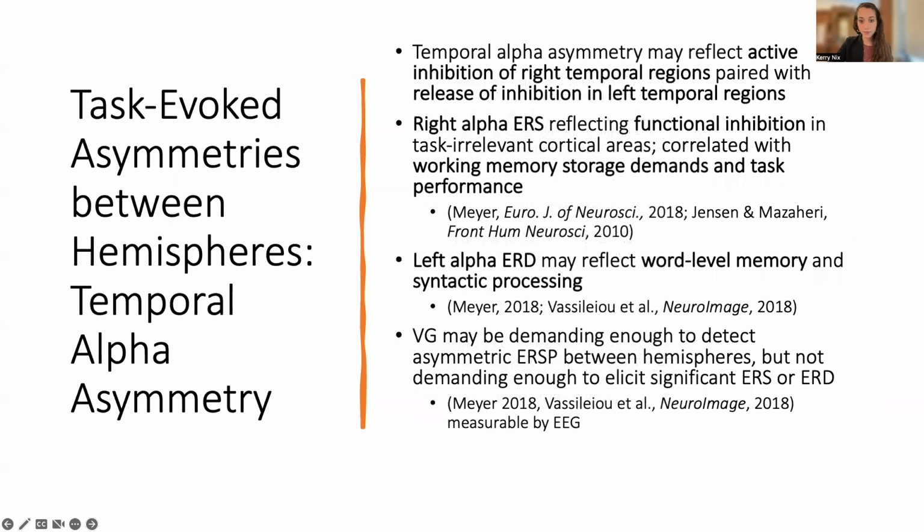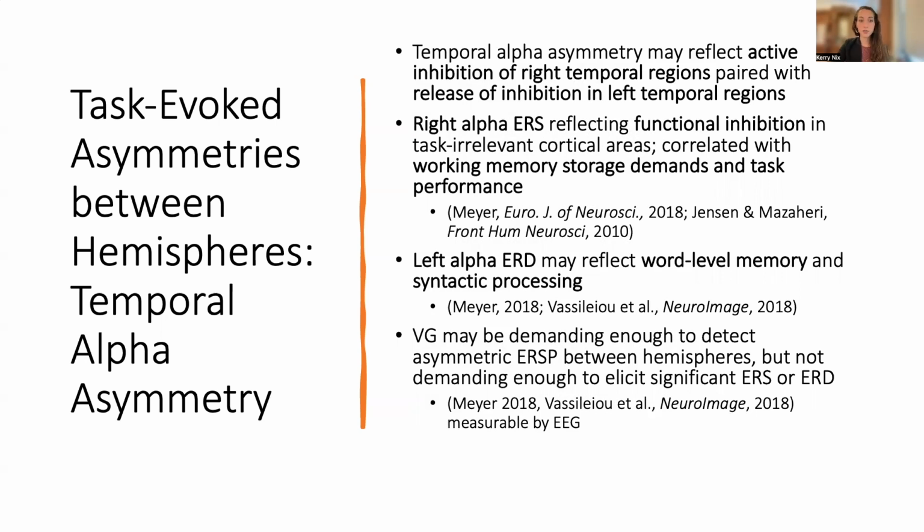And this other result that we find is this temporal alpha asymmetry. Now, we think that temporal alpha asymmetry may reflect active inhibition of right temporal regions paired with release of inhibition in left temporal regions.